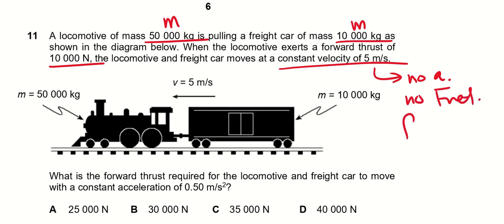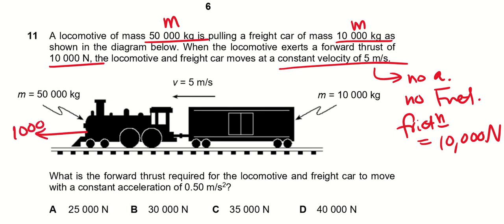That means the frictional force, or the opposing force, is equal to 10,000 Newton. So the thrust is 10,000 and the frictional force is also 10,000 Newton. That's why they have no acceleration, no F net, and it moves with a constant velocity.